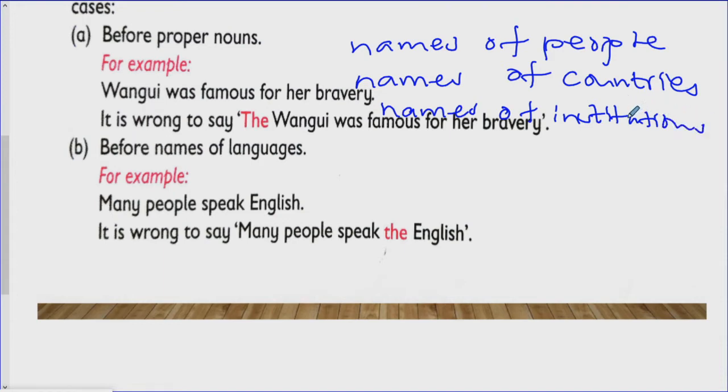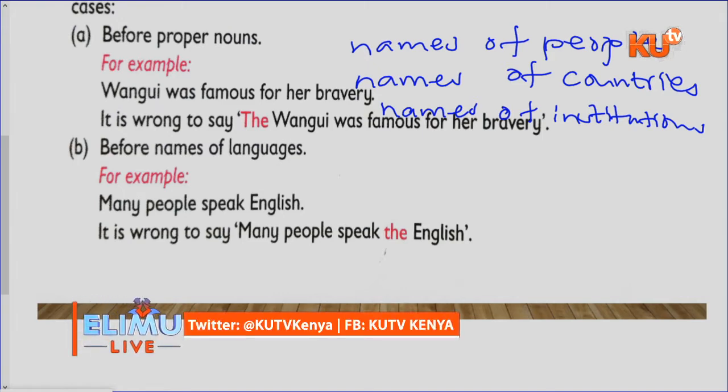Proper nouns exist in many forms. Even your name itself is a proper noun. So take an example there. Wangoi was famous for her bravery. It is wrong to say the Wangoi was famous for her bravery. So the article "the" is not used before proper nouns.